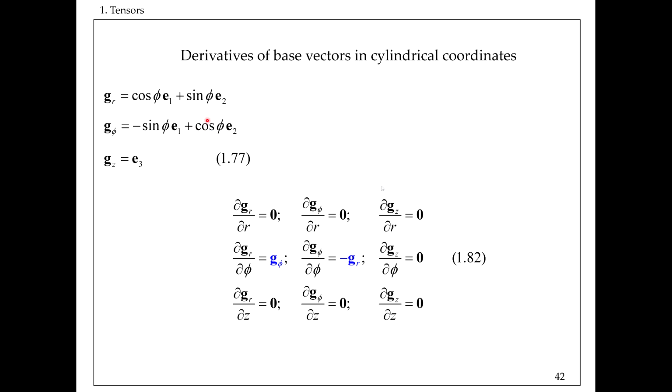And so we can say that the derivative of g phi with respect to phi will be nothing but minus gr. I indicate here in blue these that are not zero. But other than that, of course, z doesn't depend on phi, and so only two components of such a derivative are not zero.